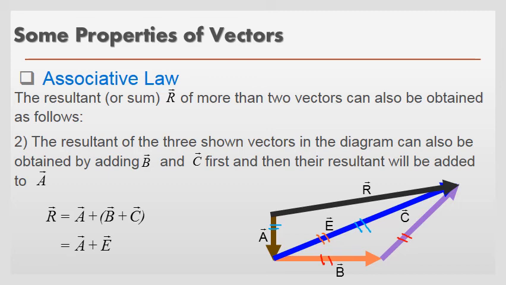Now again, what we have done here is we start grouping the two vectors B and C and add them together at first, and the result of this addition of vectors is added in a later stage to A to get the final answer R. And this is all about the associative law, which shows that whatever the way of grouping the vectors and adding them, the final result is the same.